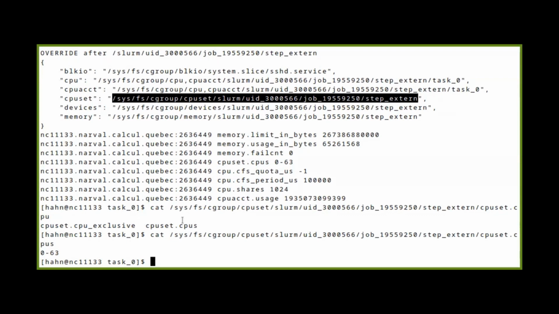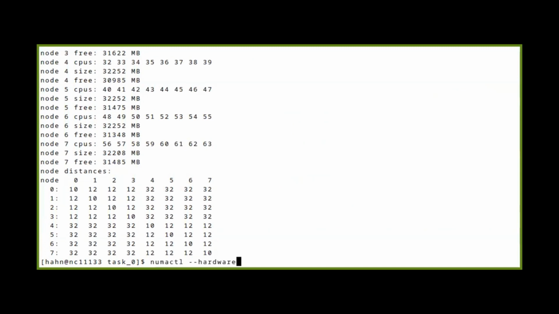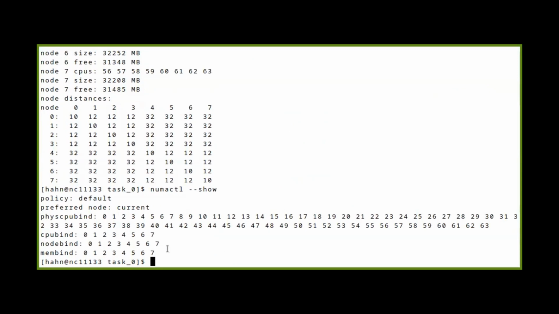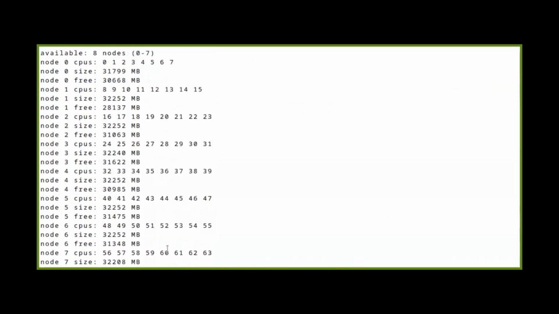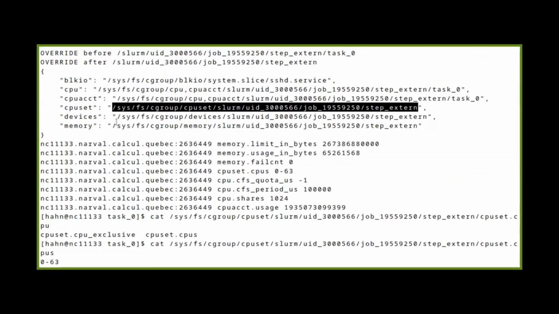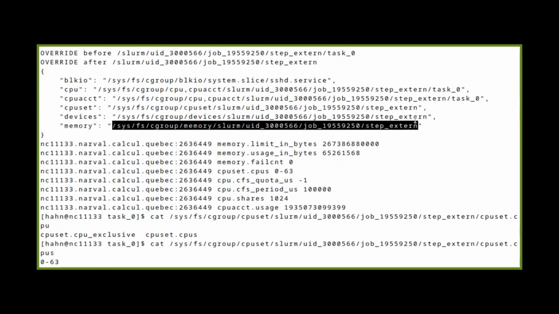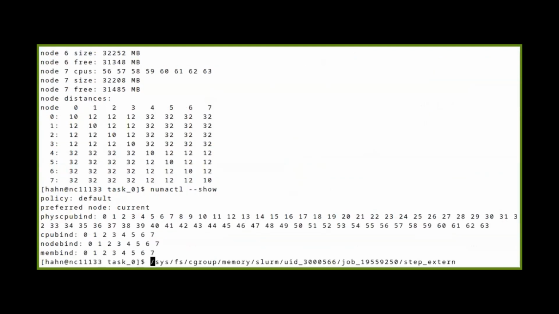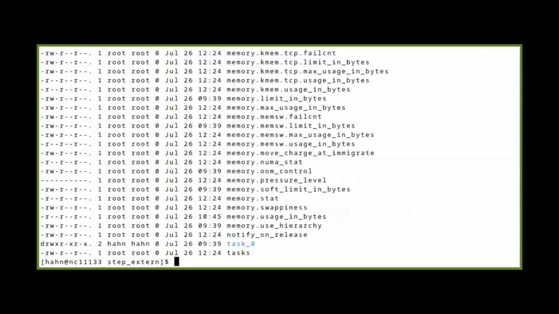You can do similar things with numactl --hardware. NUMA control is the old-fashioned way of getting this information, but the C groups are really the truth of what the kernel is implementing. There are also other things like, for instance, you might well be interested in what your incremental memory use is. So there's no reason that you can't collect data from here.